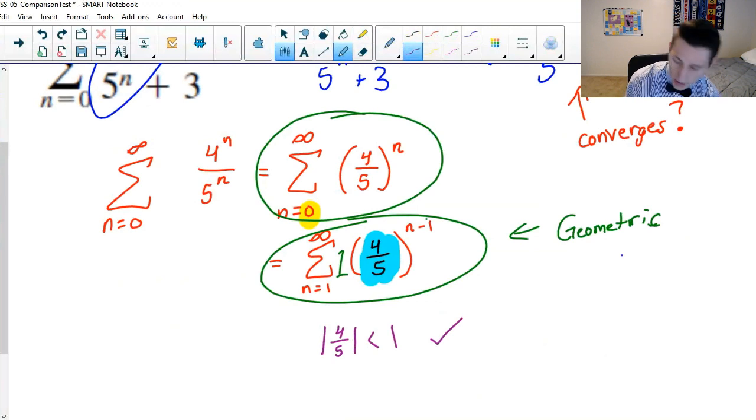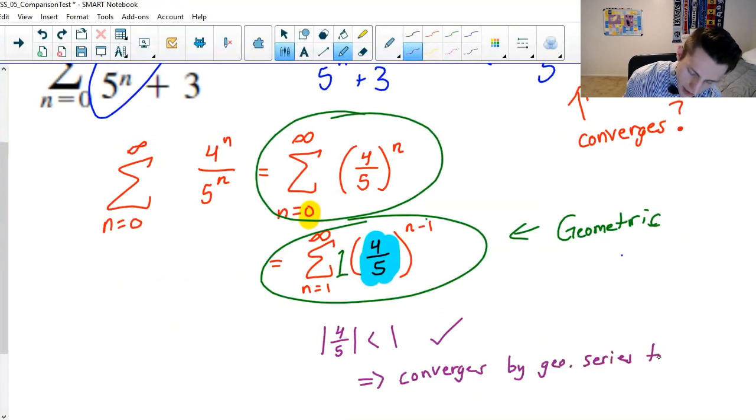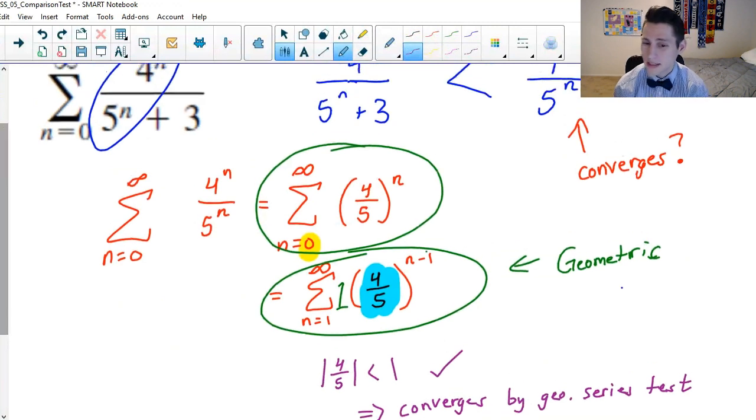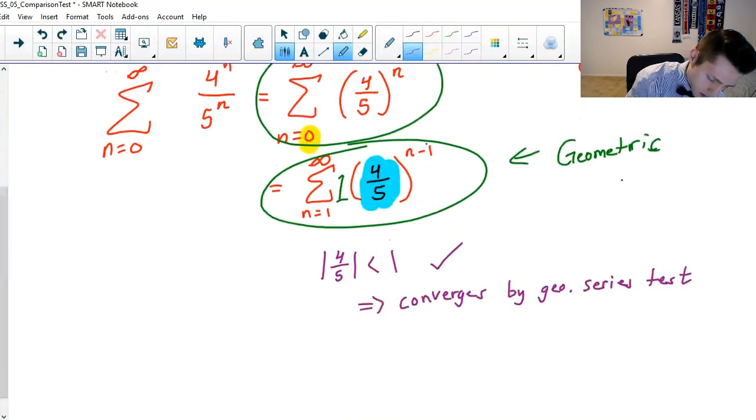Four-fifths is less than 1, or the absolute value of 4/5 is less than 1, which means that series converges because of the geometric series test. So if this series converges, and we know that our original series must be less than that, then it must also converge.